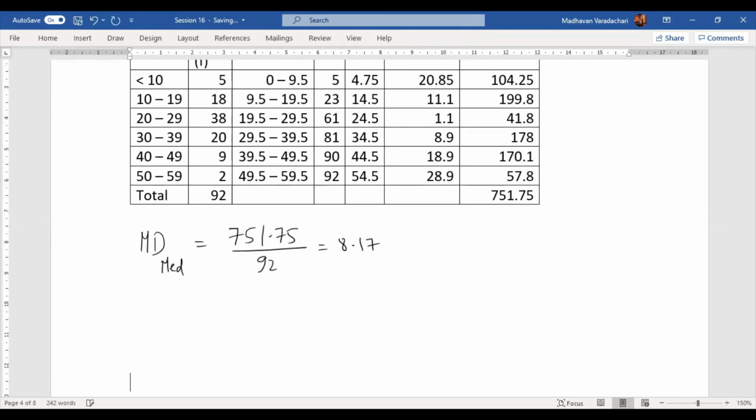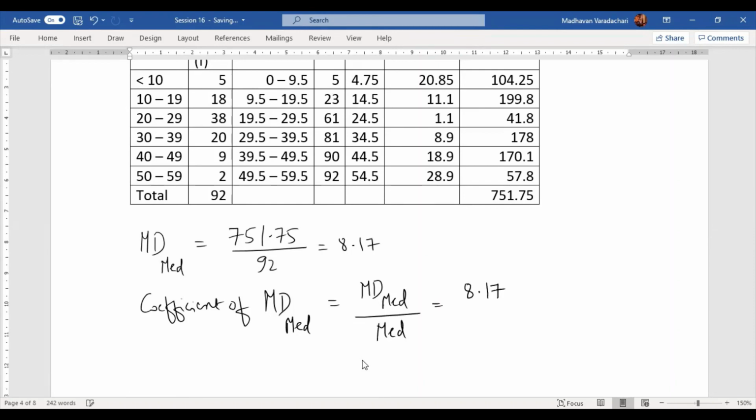Now let us calculate the coefficient of mean deviation about median, which is equal to mean deviation about median divided by median. And mean deviation about median, we just calculated, it is 8.17, divided by median. Where is median?